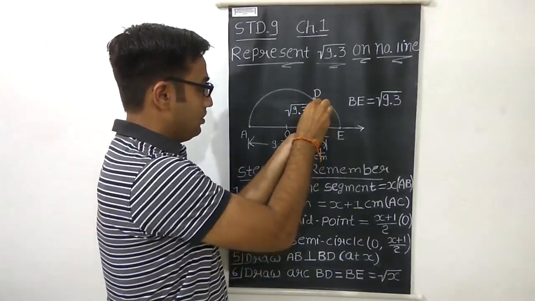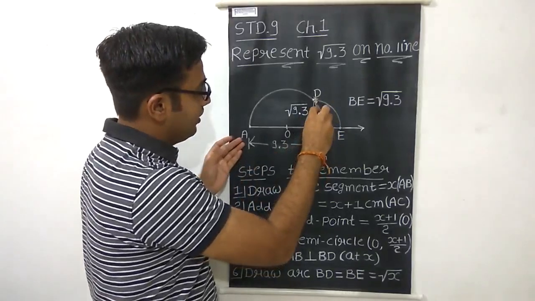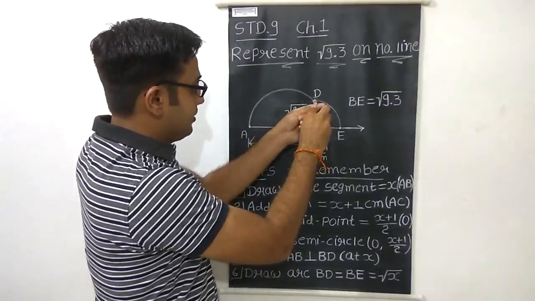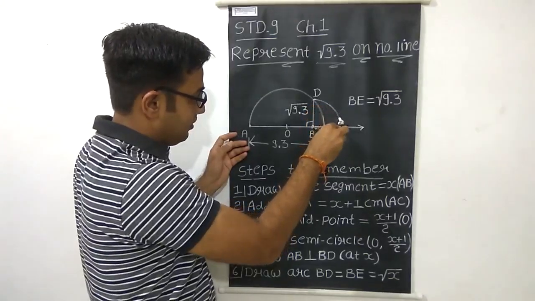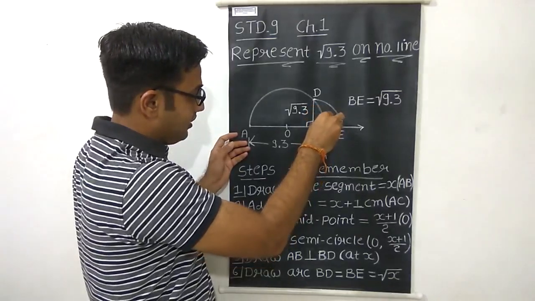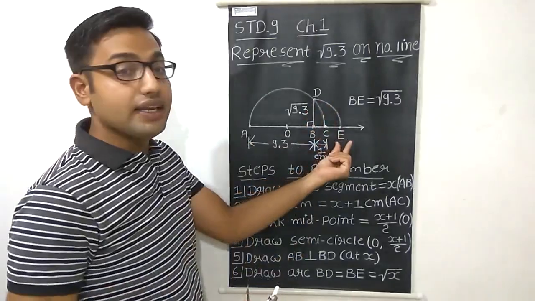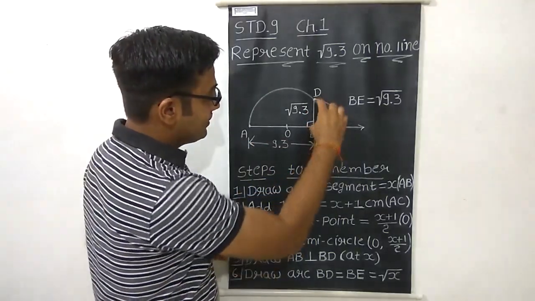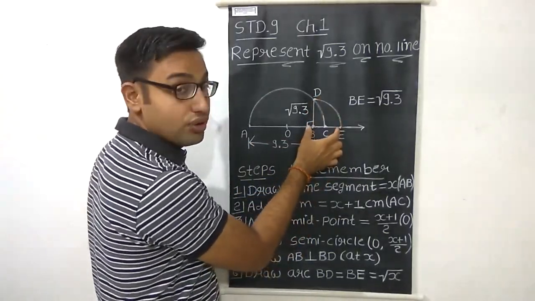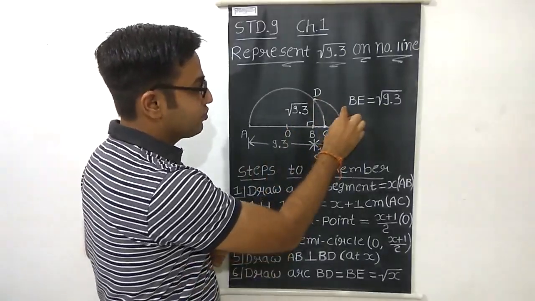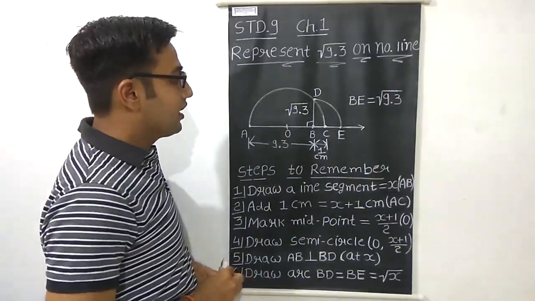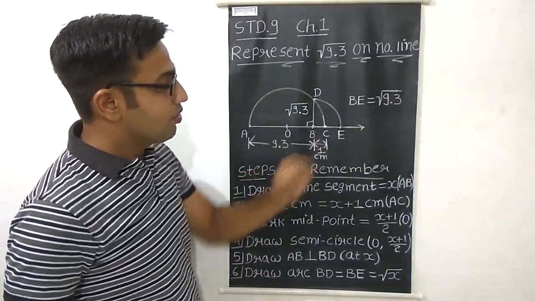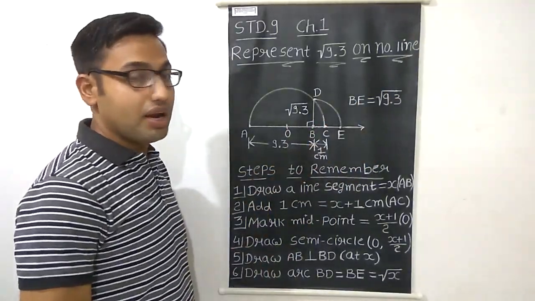By taking B as the center and BD as the radius, we draw this arc, which intersects at point E. So BD is equal to BE, and that is equal to root 9.3. This is the representation of root 9.3 on the number line.